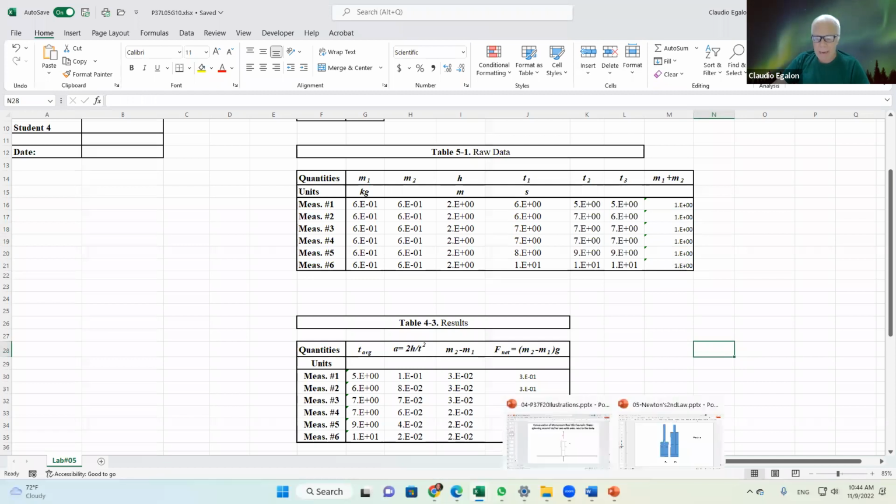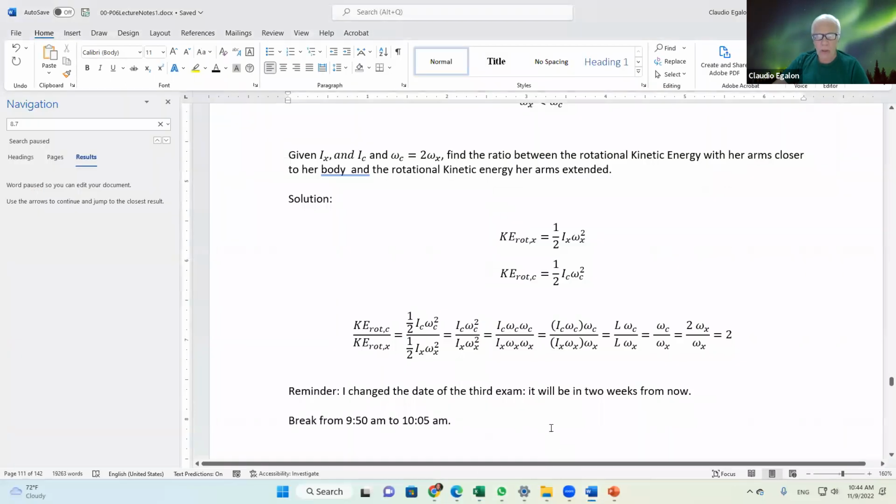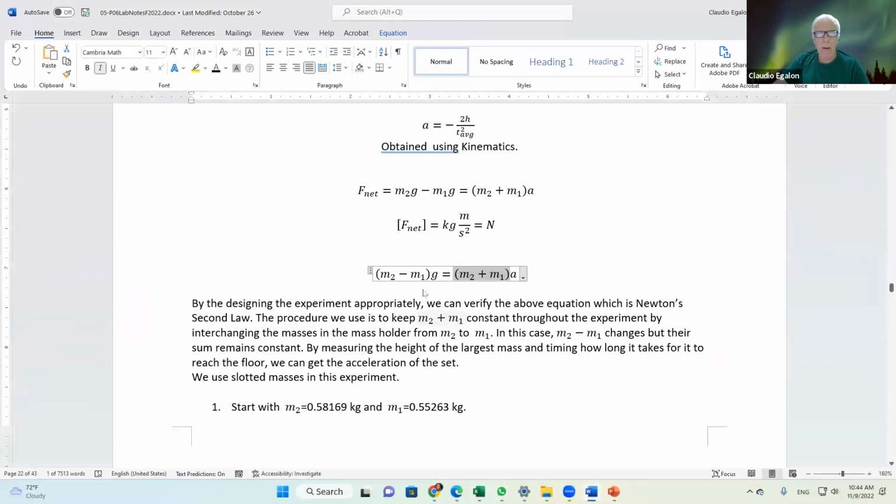Okay, and by virtue of this equation here, we have net force, which is net mass times acceleration. Net force is going to change, acceleration is going to change, net mass is going to remain the same.